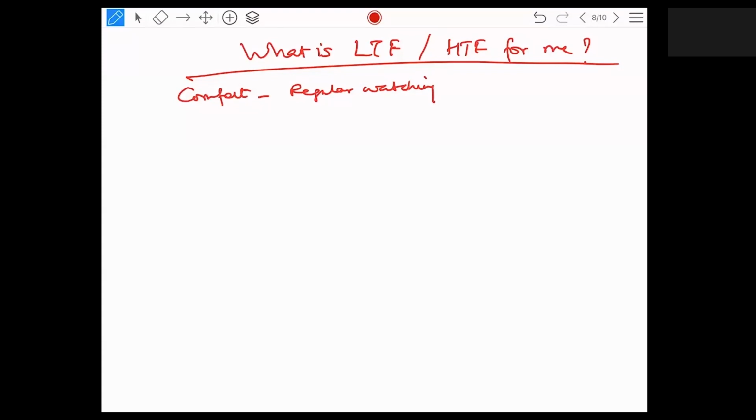They don't have time, but once in an hour, 4-5 times in a day, I will watch the chart because I'm working, I'm not allowed to. Then you are a 1 hour trader. So comfort is regular watching. If you're a regular watcher and you are on the screen, then it can be 1 minute also.